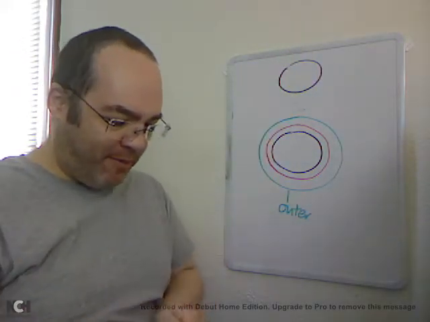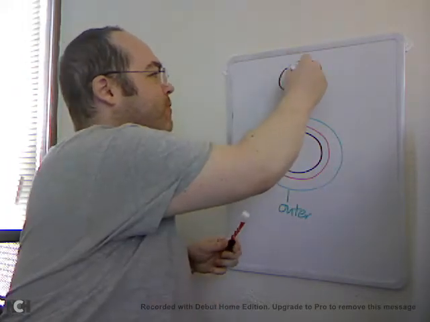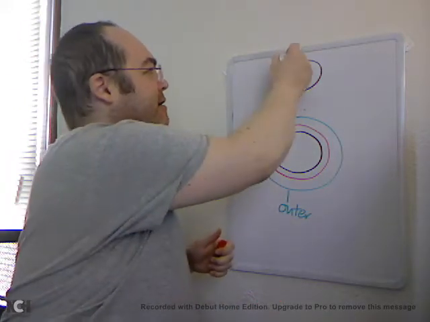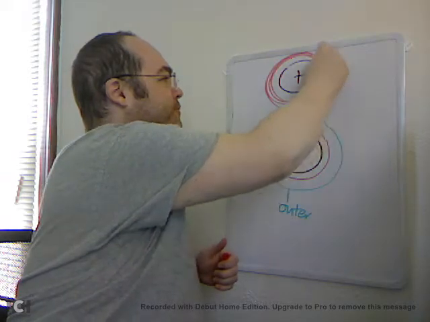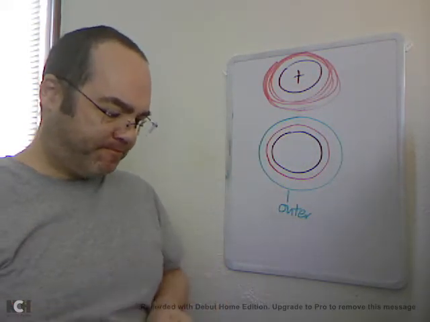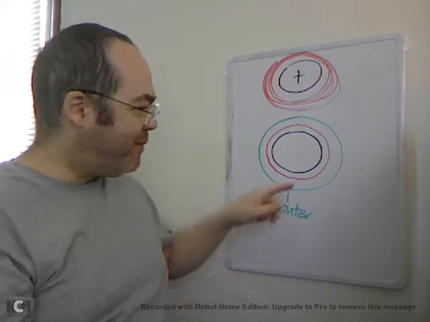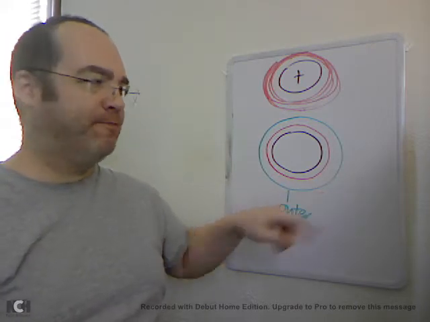On our gram-positive bacteria, the peptidoglycan is right there to be attacked. Our gram-negative bacteria, the peptidoglycan is shielded by this outer membrane.